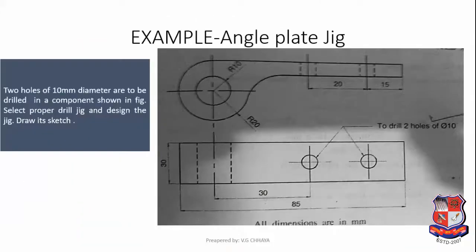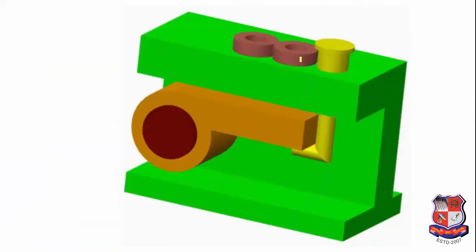So finally this assembly is prepared, and after locating jig bush, drill tool will pass through one by one from this jig bush and drill hole of 10 mm diameter. So this is the design of angle plate jig.